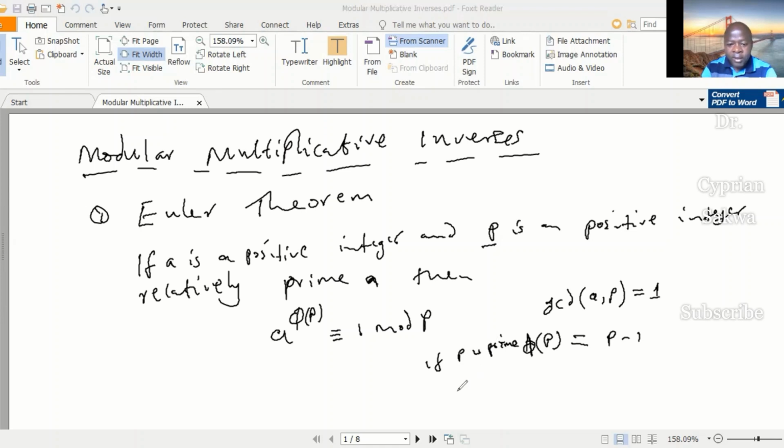So if you discover that n is a prime number, m is another prime number, and w is another prime number, which can divide p, then the Euler phi of p will be given by 1 minus 1 out of n, multiplied by 1 minus 1 out of m, multiplied by 1 minus 1 out of w, multiplied by p.